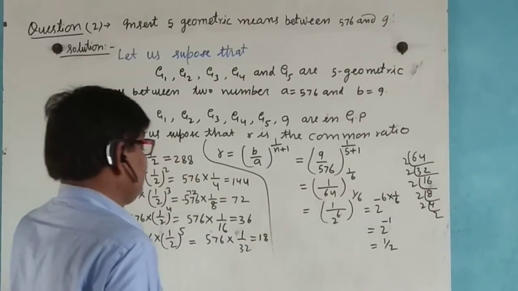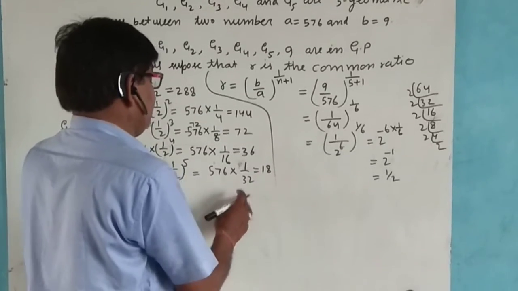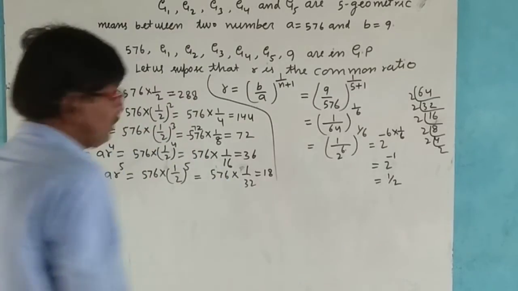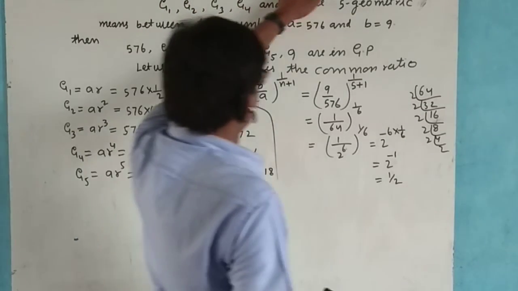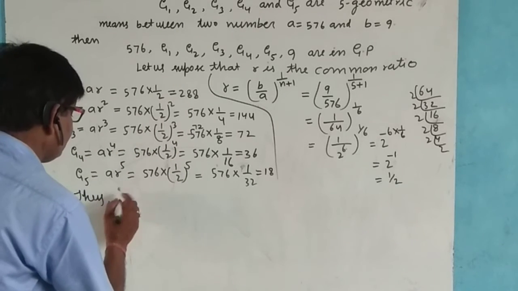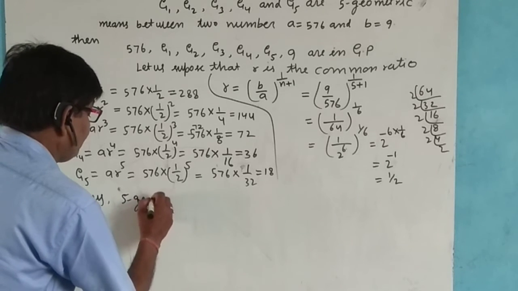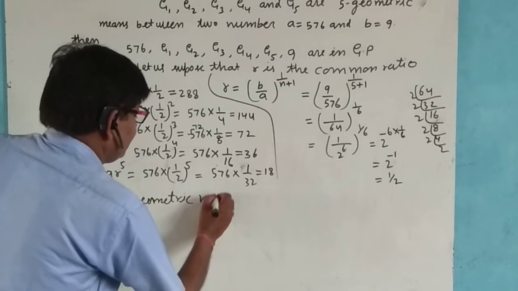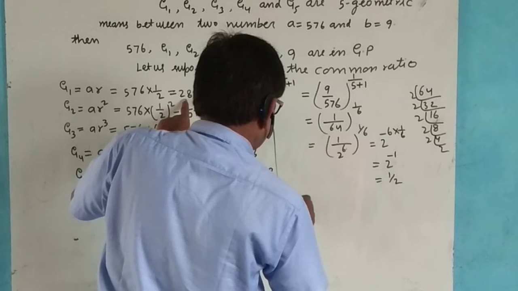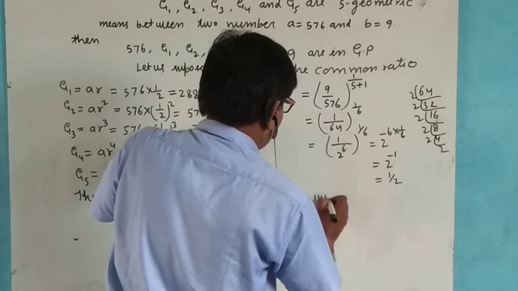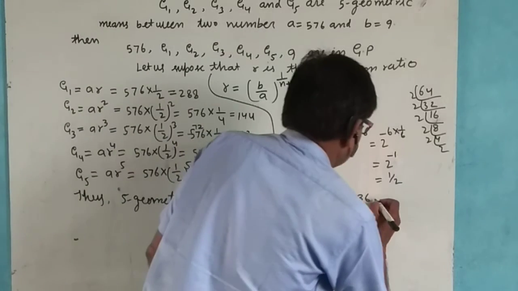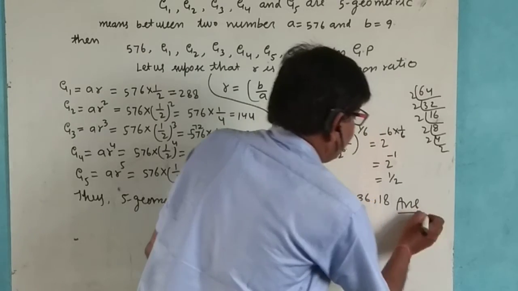So in this case, inserting 5 geometric means between these, the 5 geometric means are 288, 144, 72, 36 and 18. This is our answer.